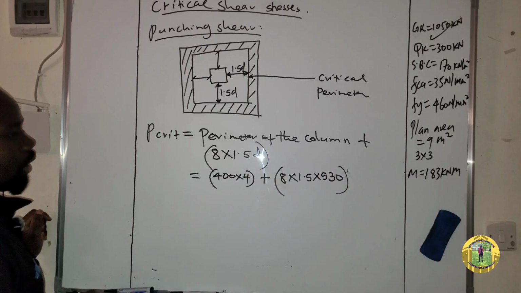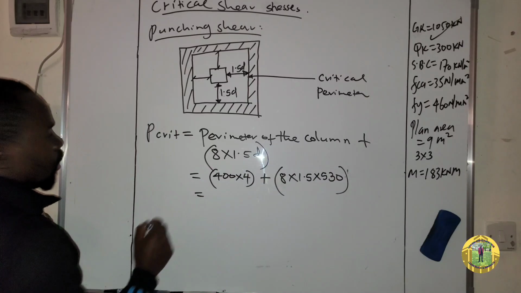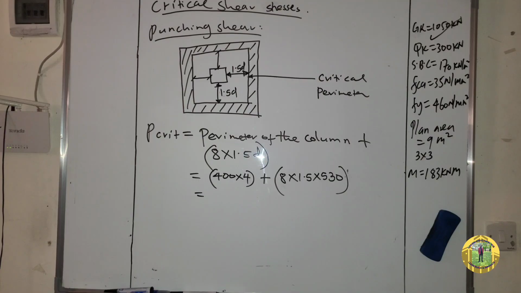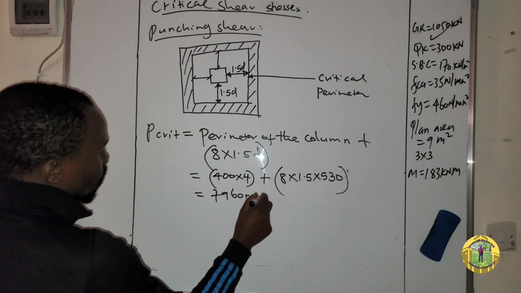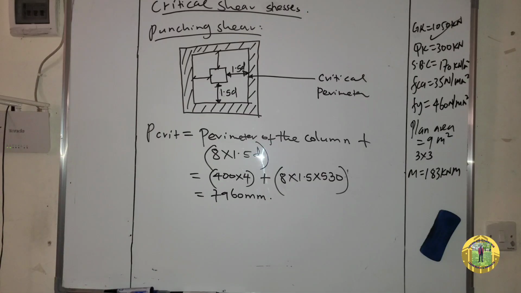So our D is 530. So the perimeter critical is equal to 7960 millimeter. So this is our critical perimeter.